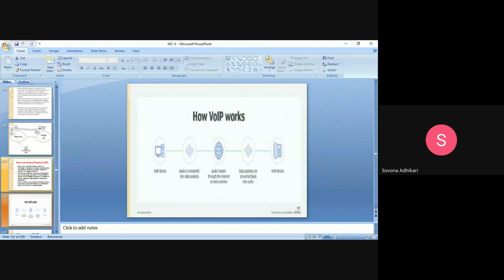You see there is a VoIP device, and your audio, which is in analog form, is now converted to digital form, which is known as data packets. You see here it is written as audio is now converted to data packets. So once it's converted to digital form, data packets, now it can travel or move through the internet.